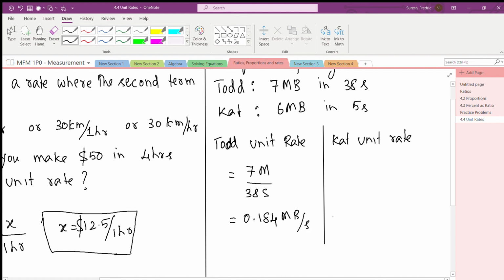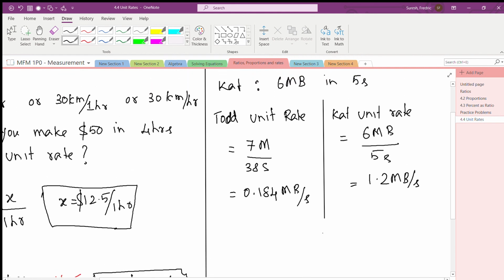So every 1 second, 0.184 MBs are downloaded. What about Cat? Cat's rate would be 6 MB, and her phone does it in 5 seconds. And so 6 over 5 is 1.2 MB over second.